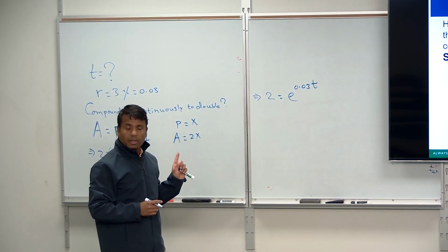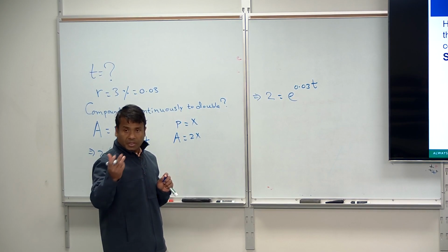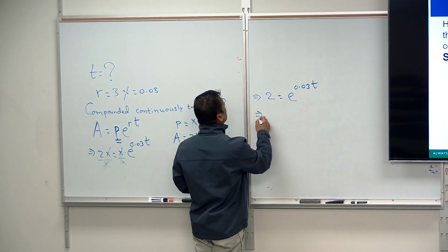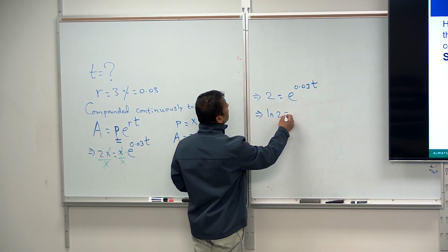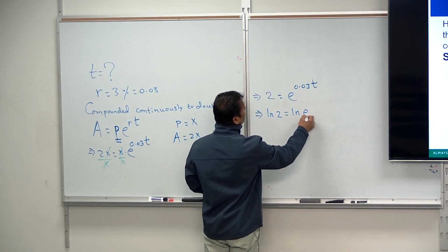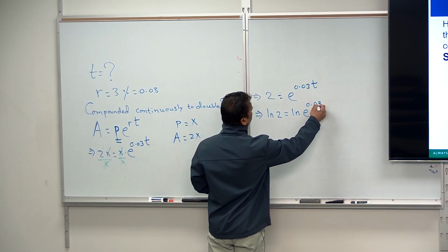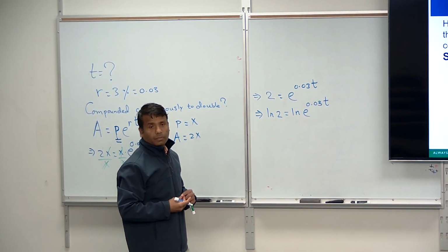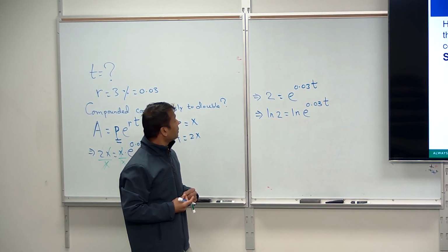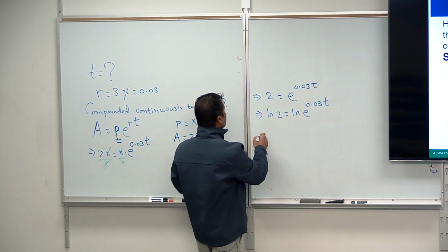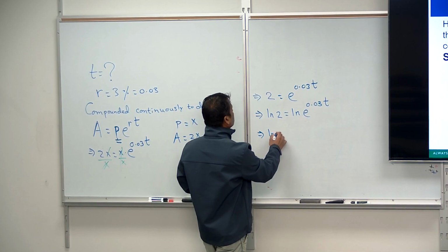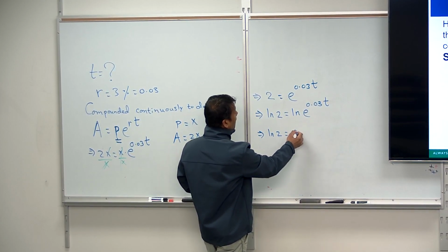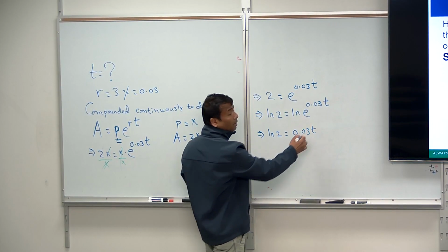This is an exponential equation, right? So you have to take natural log on both sides. ln 2 equals ln e to the power 0.03T. Right? So this is ln 2 equals, you see, ln e to the power x is x, so this is going to be 0.03T.